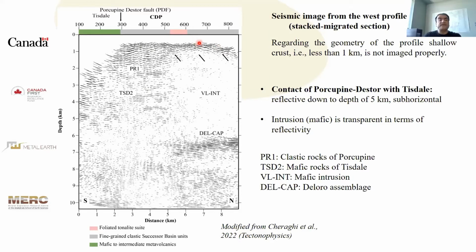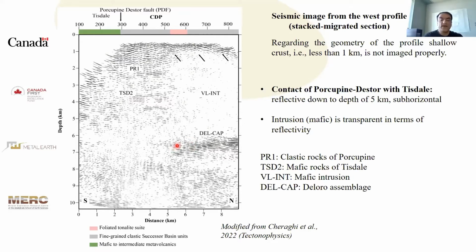But we can see the reflections under the clastic rocks of Porcupine Destor, and deeper reflections are interpreted as mafic rocks of Tisdale. This transparent area is like an intrusion, and the deeper reflection is interpreted as the Deloro assemblage, an iron cap rock.